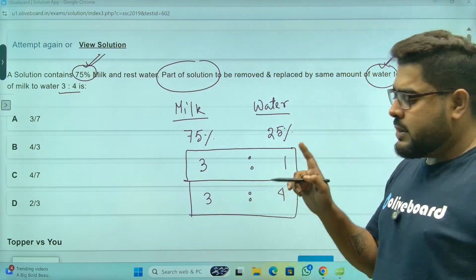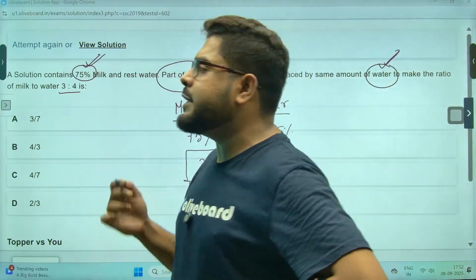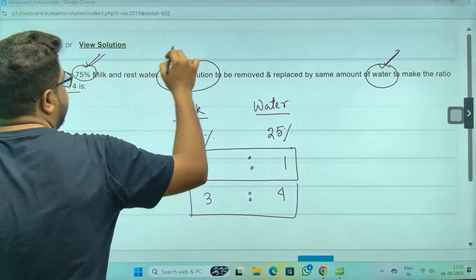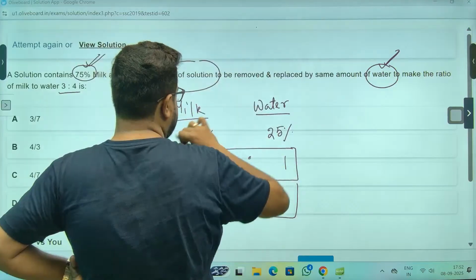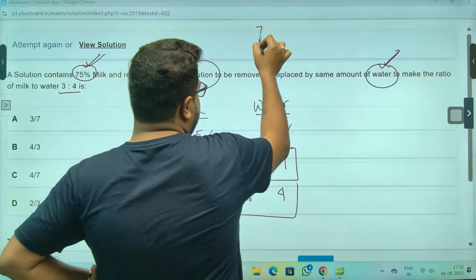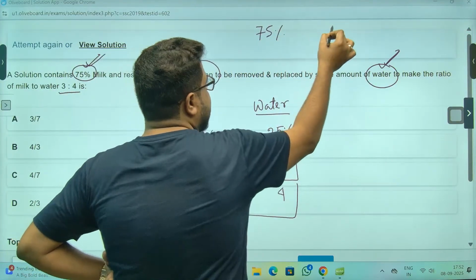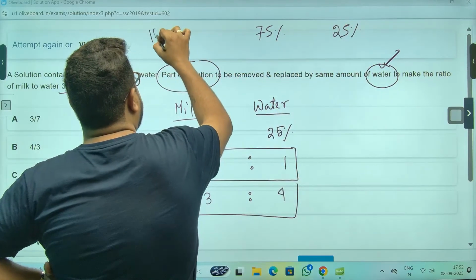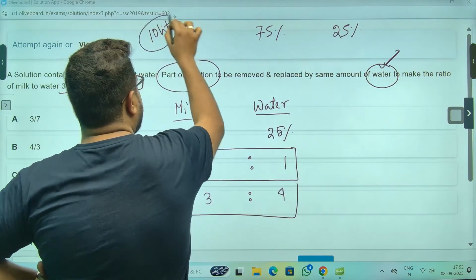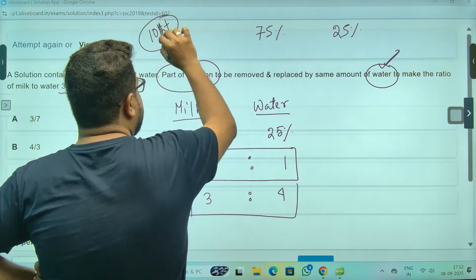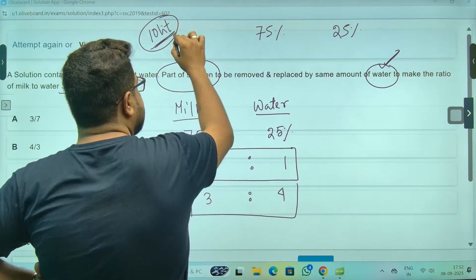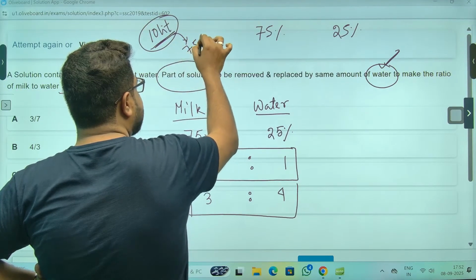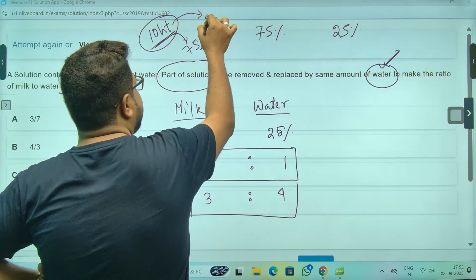Please understand why. Because the replacement concept says, for example, in this question, sir, 75% milk and 25% water. So if I take 10 liters out of this, then in this 10 liters there will be 75% milk and 25% water only.